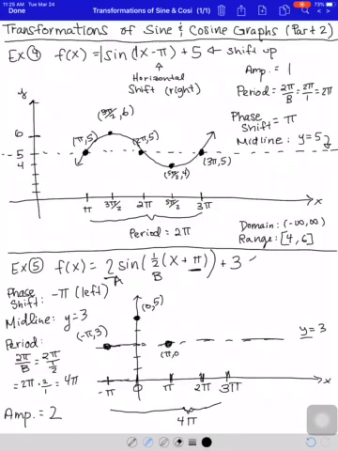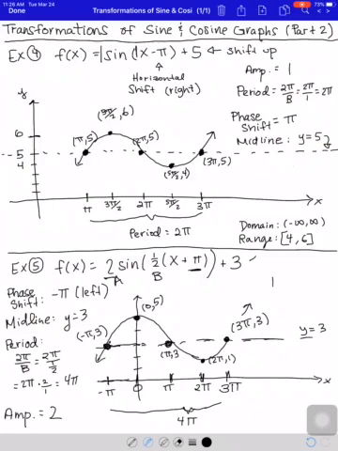Oh, not 0. Our midline is 3. And at 2 pi, well, now we come below the midline, and we're going to come 2 units below. So 2 units below 3 would be the point 2 pi comma 1. And then finally, we'll end back up on the midline. So this is 3 pi comma 3. And here we go. We get one full cycle of our sine wave.